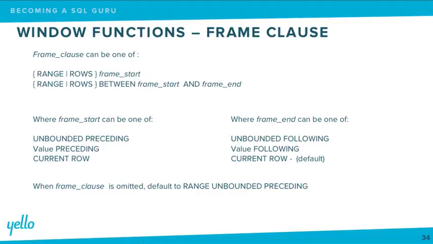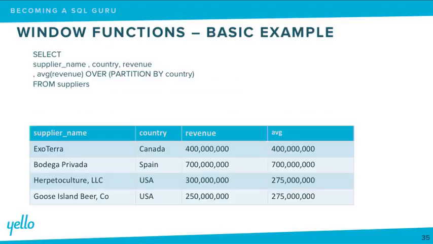Unbounded following means you go beyond your current row to the end of your partition. Value following, a certain number of rows beyond the current row. And current row is the current row. If you don't specify a frame clause, the default becomes range unbounded preceding, which is equivalent to range between unbounded preceding and the current row. So we're going to look at a few examples.